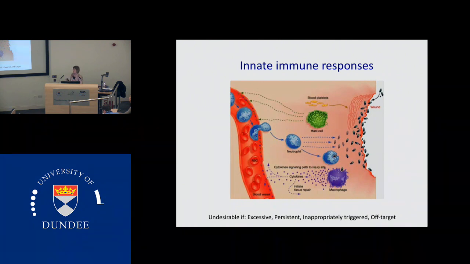And it's important to stress that leukocytes go beyond just killing bugs to actually set up the cellular processes that are required to heal a wound, whether it's in the skin or in the liver or in the lung.